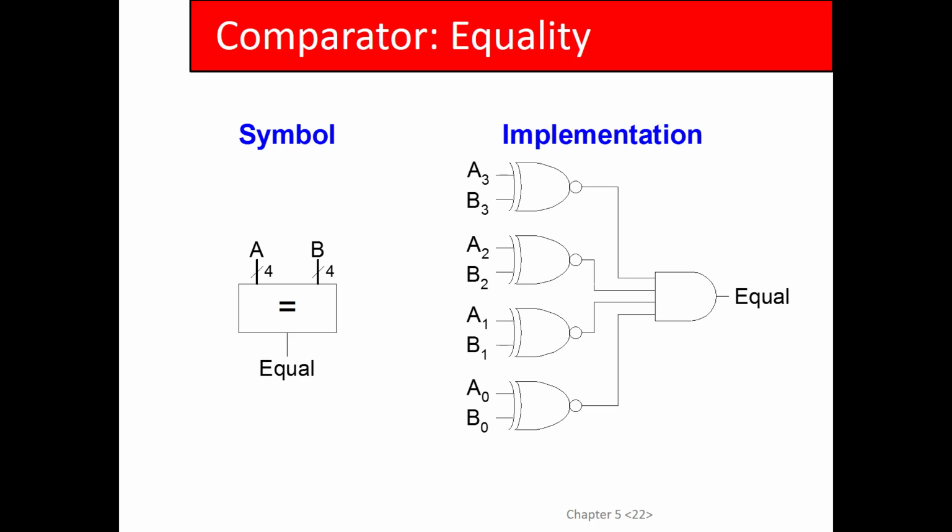Now, by the way, here's something that's kind of weird. In Verilog, what happens if you say assign out equals A equals B? Sorry, that doesn't look like a U. Out equals A equals B. How does this get synthesized? Does it get synthesized like this? Or is it going to get synthesized like a subtractor?